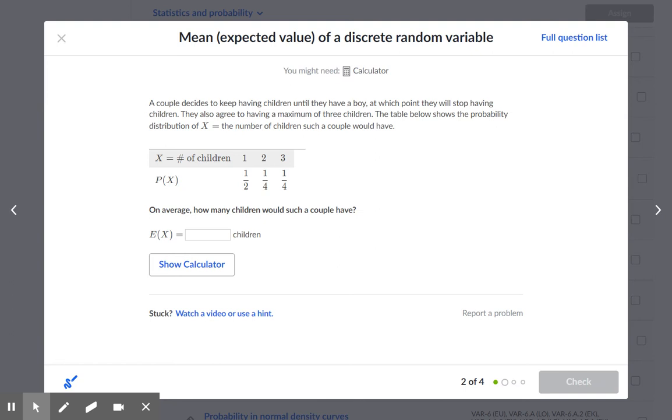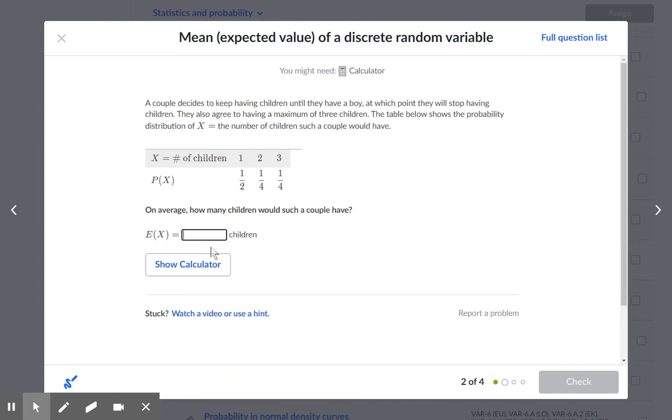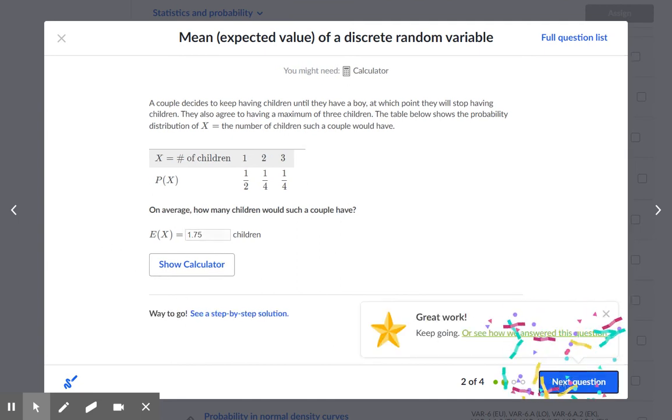Then the probabilities: 1 divided by 2, which is 0.5, then 1 divided by 4, which is 0.25, and then 1 divided by 4. Stat, calc, one-var stats, L1, L2, 1.75. So on average, this couple will have about 2 kids.